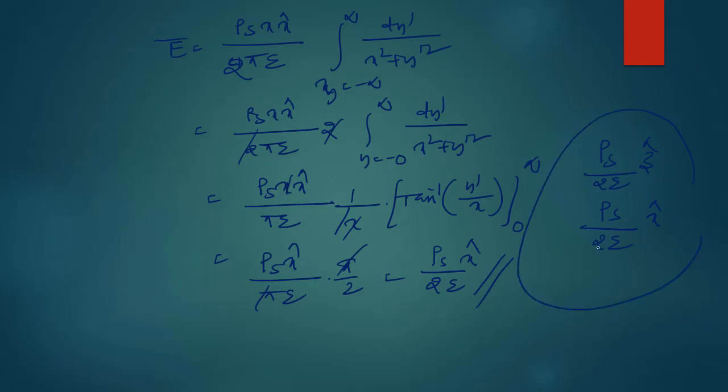Why? In the first case we took the sheet on the xy plane. In the second case we took the sheet on the yz plane. So in both cases you can observe the electric field is perpendicular to the sheet, to the xy plane and to the yz plane. So in general we can write a n cap, where the direction a n cap means normal to the sheet. In this way we can do the derivation a second way, using the line charge density also.